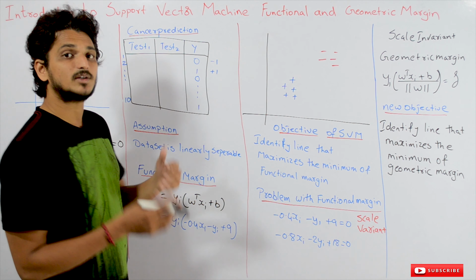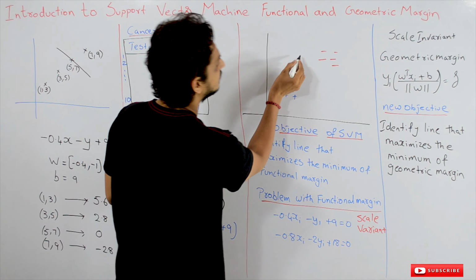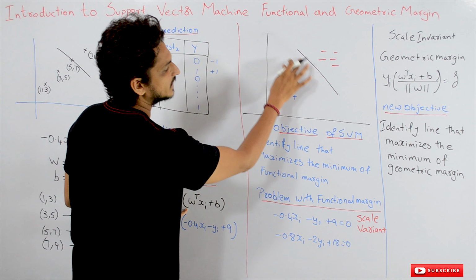First, suppose our support vector machine has identified a line like this. Assume that this is the line our support vector machine identified, and we are taking the same equation of the line which we considered earlier for calculation purposes, because we already used this line.